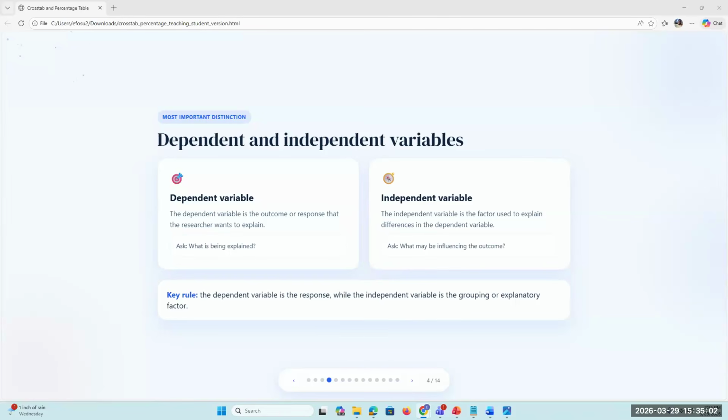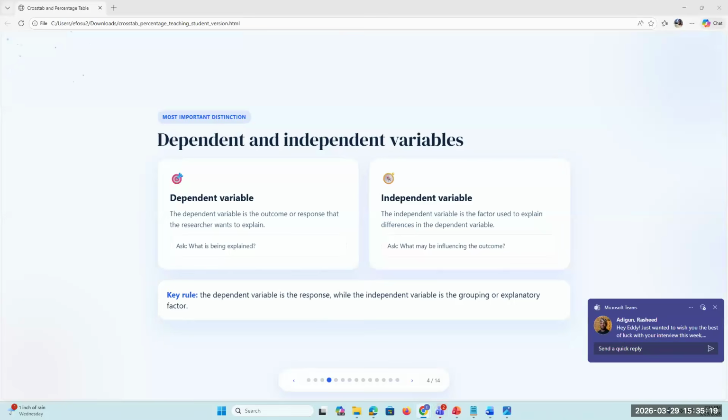Then the dependent will be what? Does religion influence opinions on legalizing marijuana? I said the dependent variable is what we seek to predict, what is being explained.